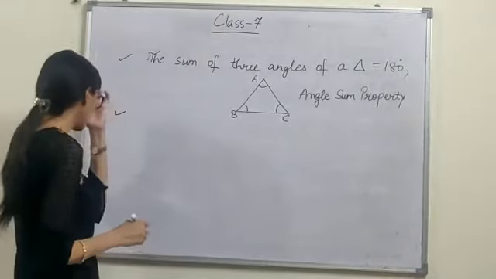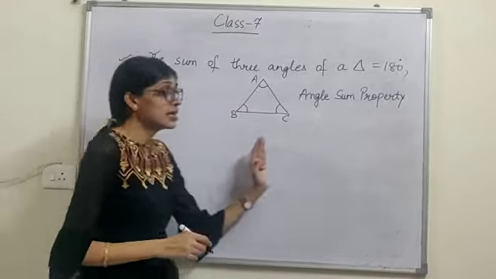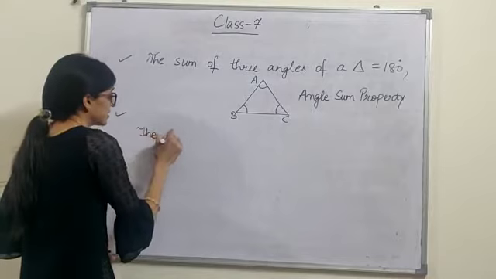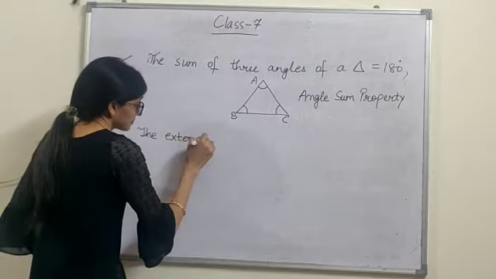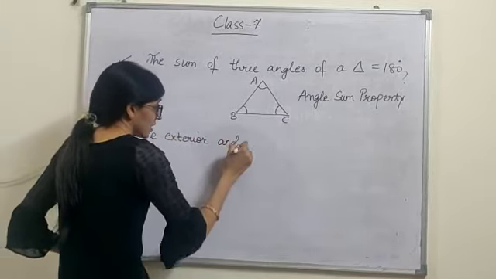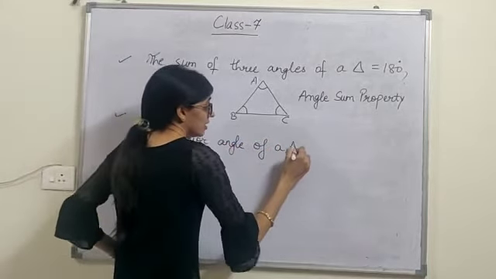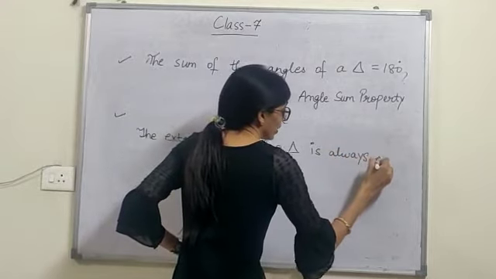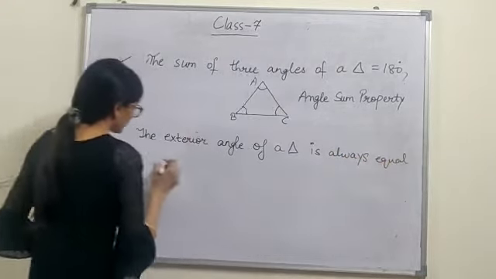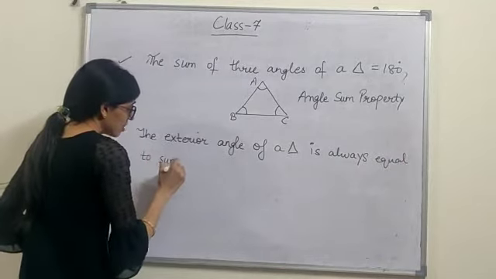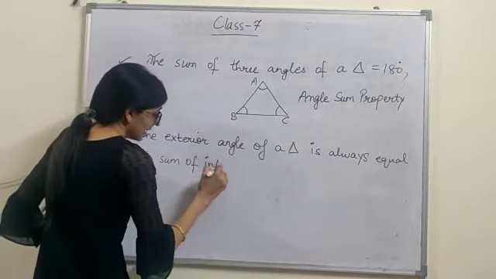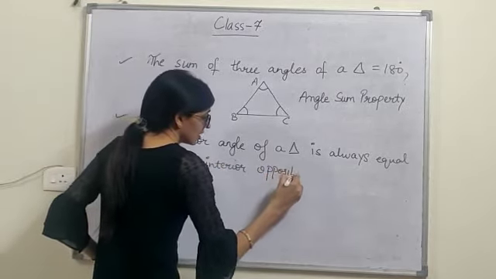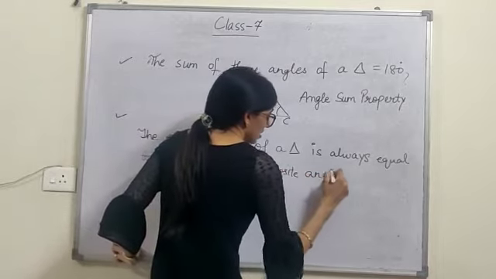Now the second property is exterior angle property. What does this property state? The exterior angle of a triangle is always equal to the sum of interior opposite angles.